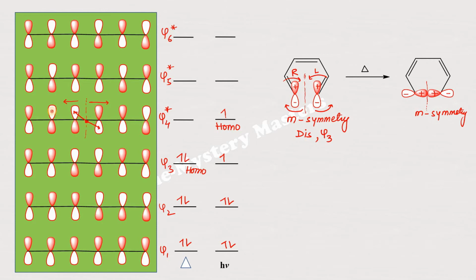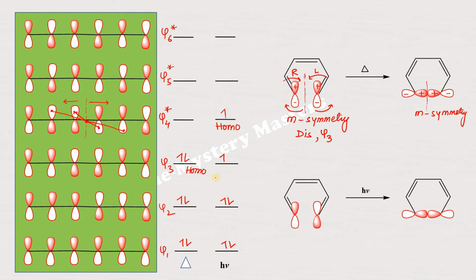If you go from this orbital and pass an equal distance on the other side, you get the same orbital or same arrangement. That's why you can say that there is C2 symmetry. So in the hν or photochemical condition, the HOMO will be our psi4 star, which has C2 symmetry.